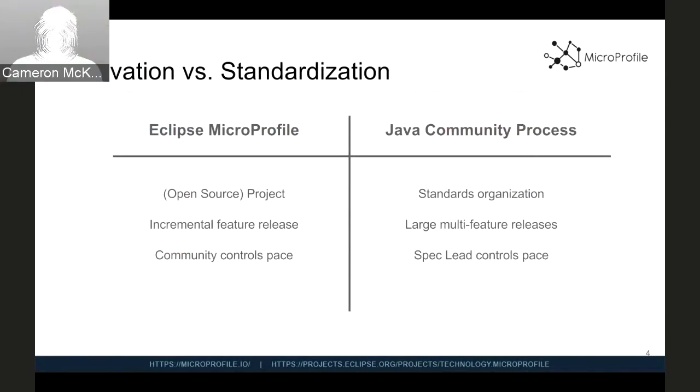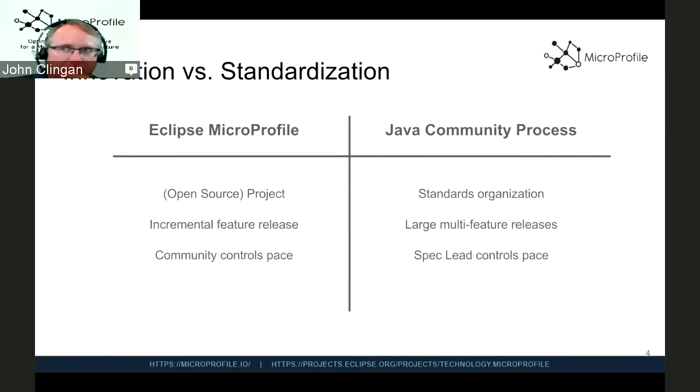And with Eclipse MicroProfile, what we're really doing is becoming kind of an innovation project that could potentially lead to JSRs in the future, right? So we're able to move much faster, with incremental releases at a much quicker pace.